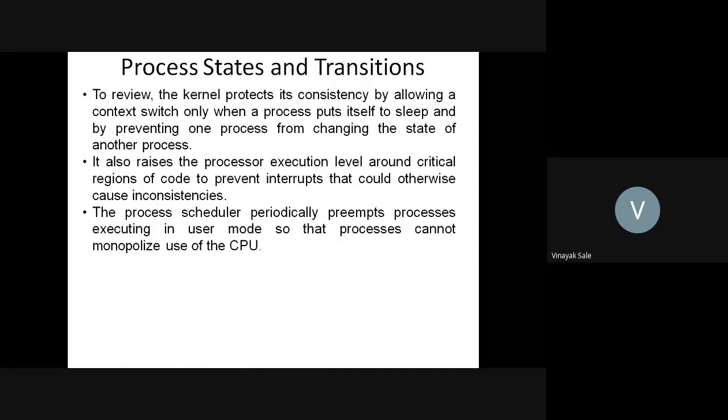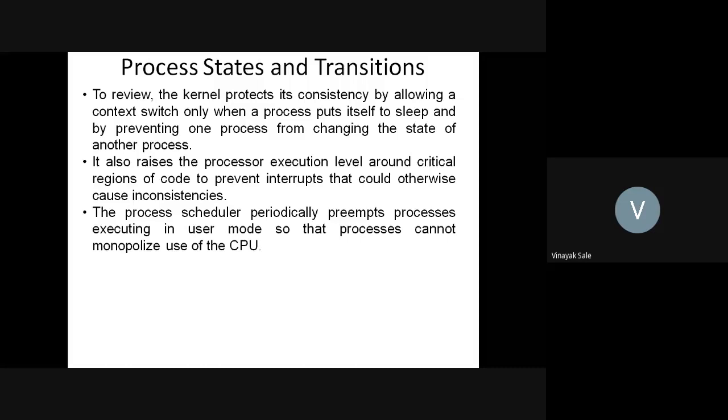So to review, the kernel protects its consistency by allowing a context switch only when a process puts itself to sleep and by preventing one process from changing the state of another process.